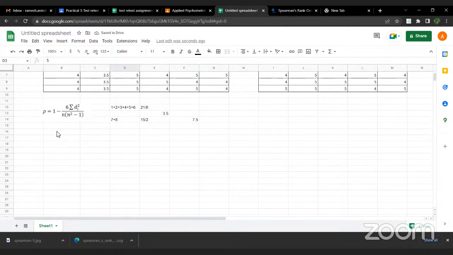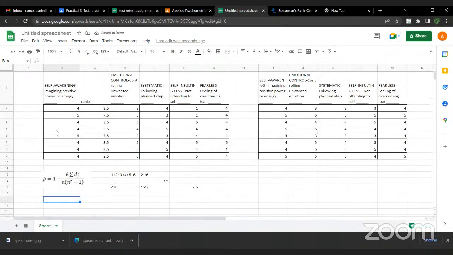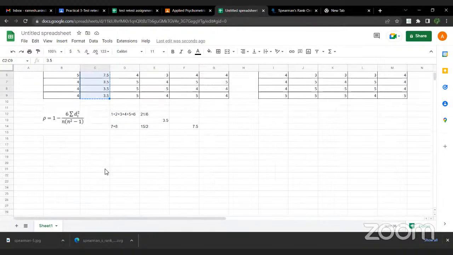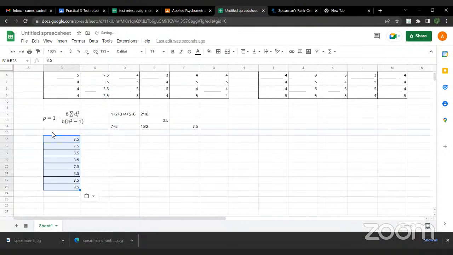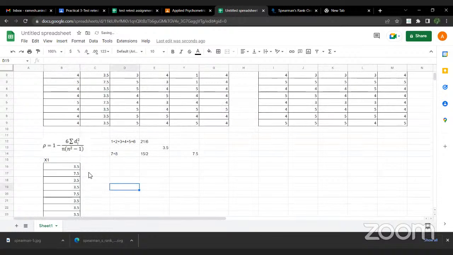So what we need to do is follow through with our calculation of rho here, for which we need to take into account the rank of data 1. Since this is the first attempt, we're going to take that as our first set of data. I'm just going to write it as, let's say, x1. Now we need to find the equivalent data.